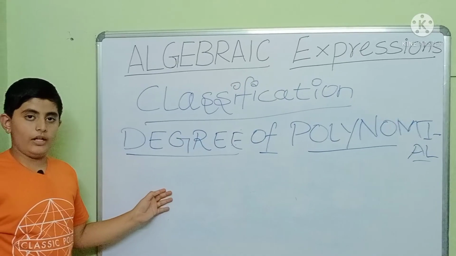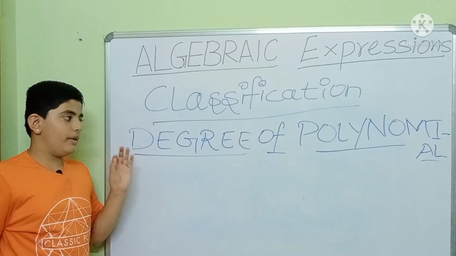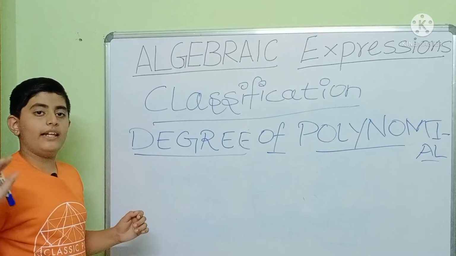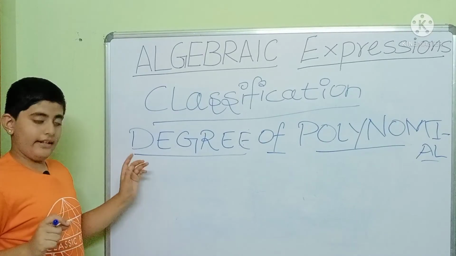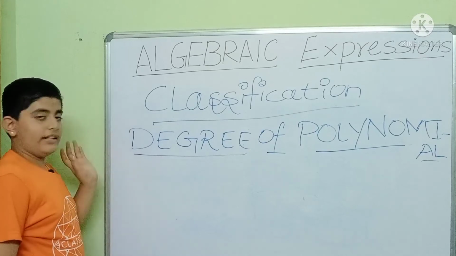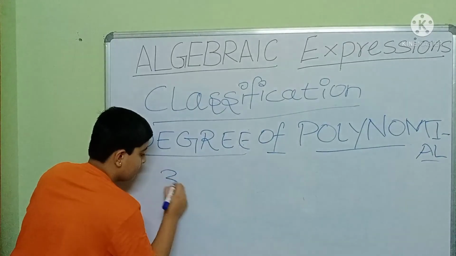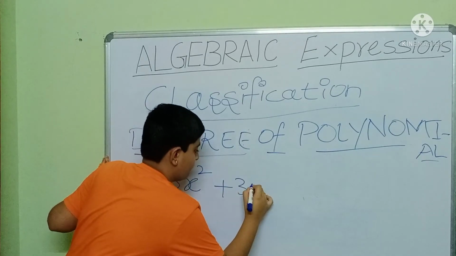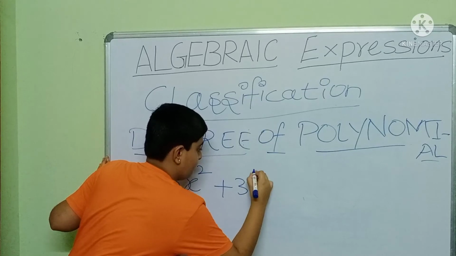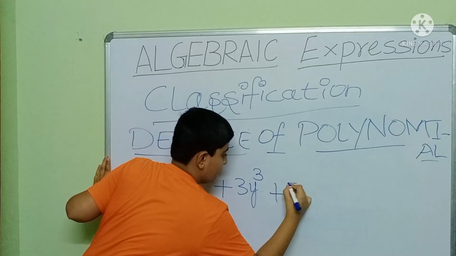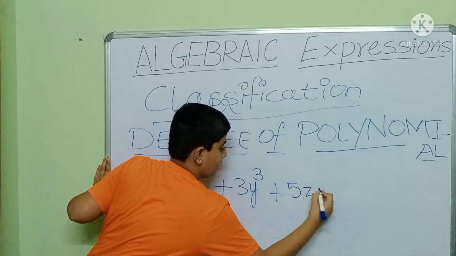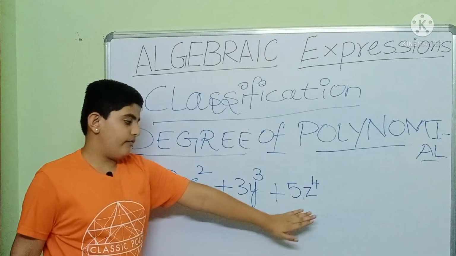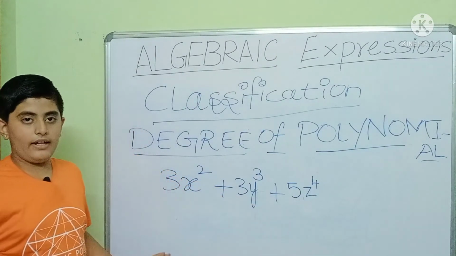Coming to degree of polynomial. The highest power in a polynomial equation is known as the degree of polynomial. So let's take an example. So here there are variables and constants combined.